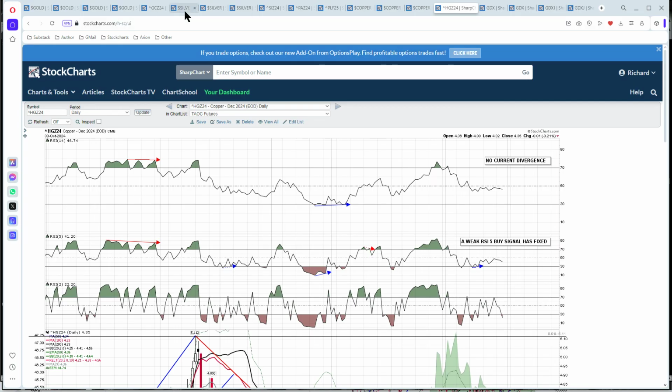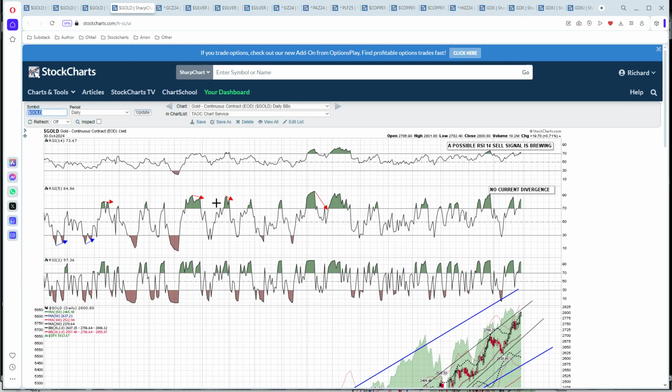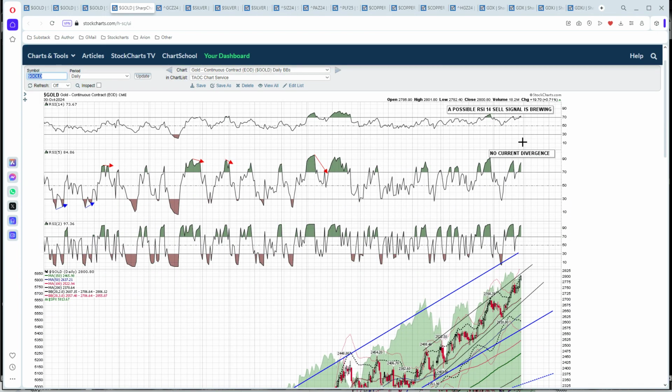Right, on GC, we've got a possible daily RSI 5 sell signal brewing now. I was saying on the last bigger picture that if we retested this high, then that would set up some negative divergence. If we go much higher, then we're going to lose that negative divergence. Looking at the chart here, we've got that negative divergence, so I haven't got it marked in on the gold index chart too.